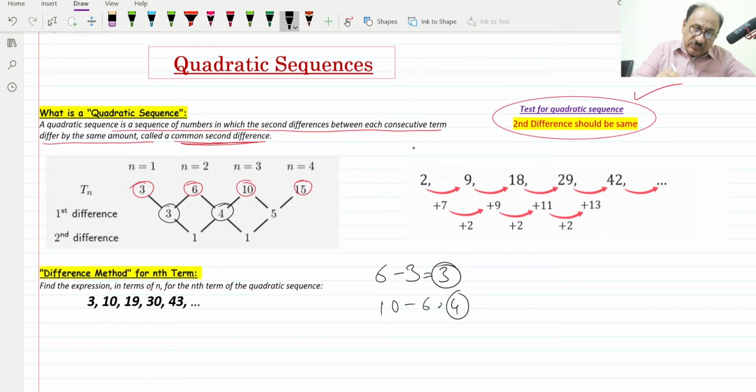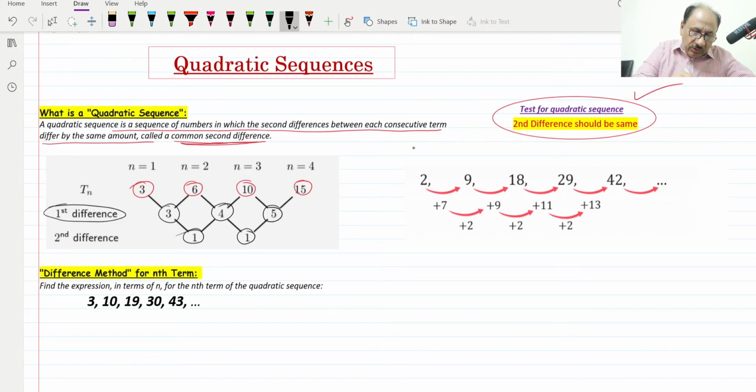The difference between the third term and the second term is 4, and the difference between 15 and 10 will be 5. So this is the first order difference, or first difference. Now the difference between the first differences will be 4 minus 3, so we can check that also. 4 minus 3 is 1, and 5 minus 4 is 1.